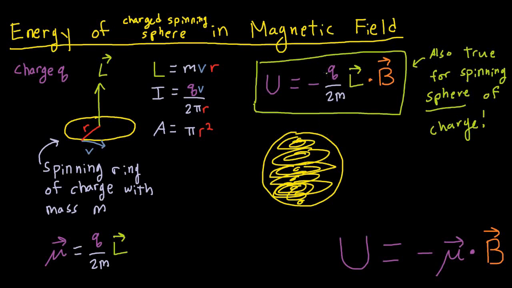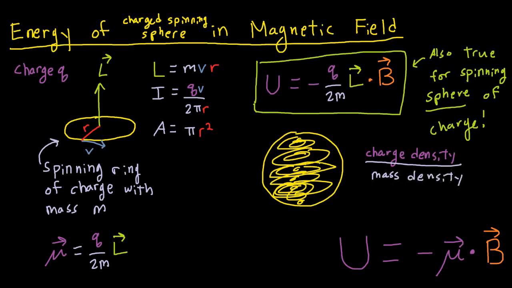Now, look at this prefactor Q over 2m, or really just Q over m. That's equal to the charge density of the ring divided by, well, 2 times the mass density. But don't worry about the 2.